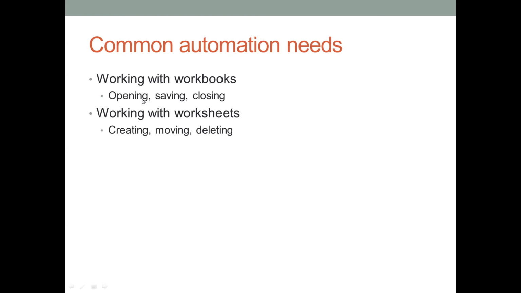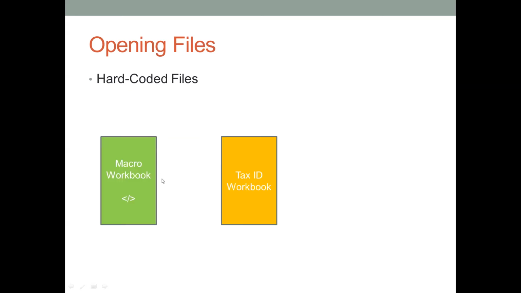So we're going to start by looking at how to use VBA to open workbooks. Now, I want you to imagine that we have a macro file, and that macro file has all of our code in it. And then we have this other workbook here that we've saved to our desktop in a folder. And what we want to do is use code to open this workbook. Now, there's two ways to do that.